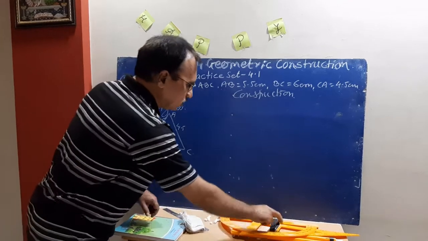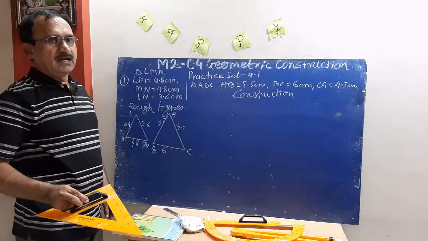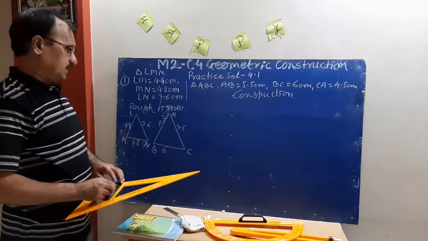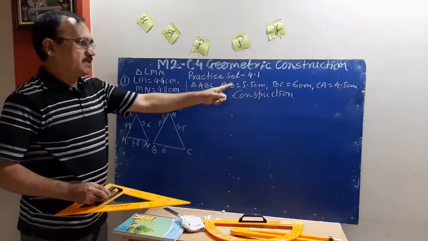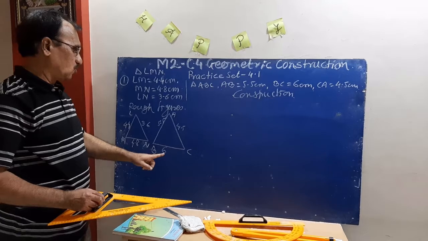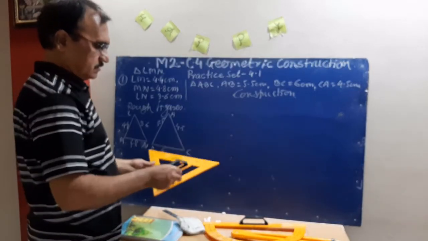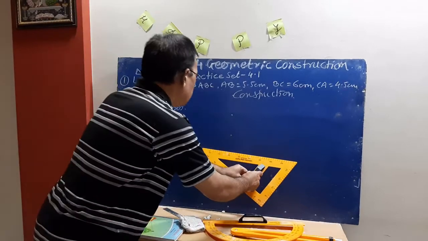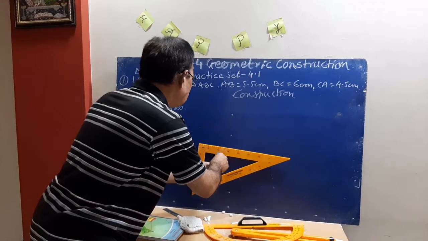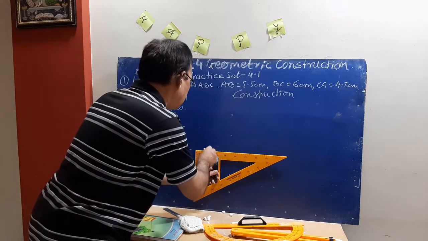Now see, you know the basic construction. Construct the triangle if all sides are given. Here all sides are given, we can construct easily. First one, this measurements is already given, and that's why first construct this triangle according to this. Take BC 6 centimeter. Take your measurement according to your scale.